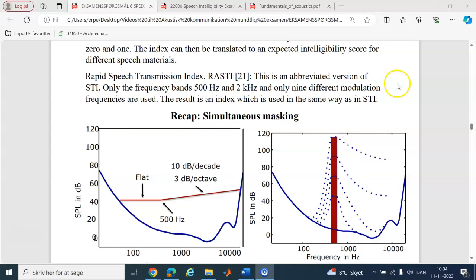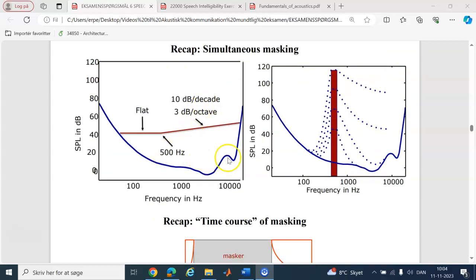Recap simultaneous masking. You have a broadband noise.